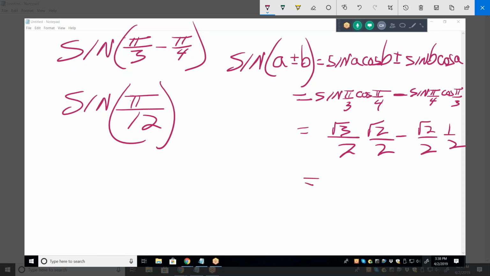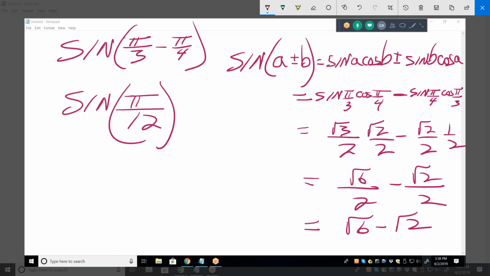So what do we get? Square root of 6 over 2 minus root 2 over 2. And that is actually quite a common answer, believe it or not, whenever you have these kinds of problems. The reason it's a common answer is because you frequently have root 3 times root 2, so that's where you usually get the root 6.